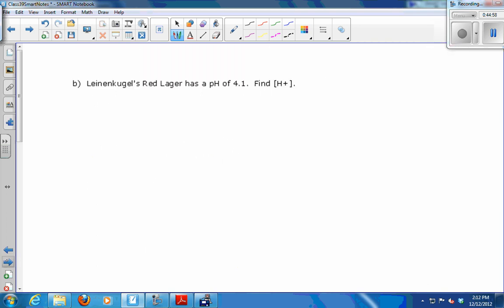Okay, so here I have a kind of beer, giving you its pH, so it's acidic. I want you to find its hydrogen ion concentration. All right, so pH is equal to negative log of the H plus concentration.